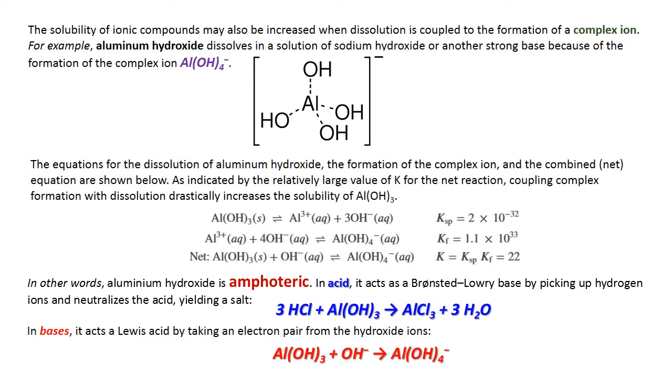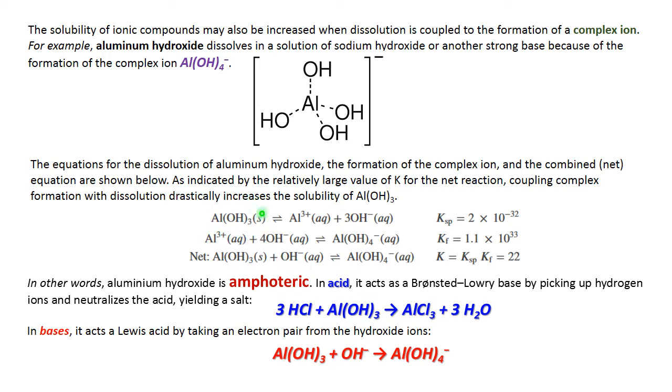Equations for dissolution of aluminum hydroxide, formation of the complex ion, and the combined net equation are shown below. As indicated by a relatively large value of the equilibrium constant, coupling complex formation drastically increases solubility of aluminum hydroxide.